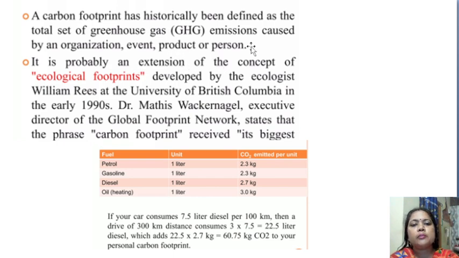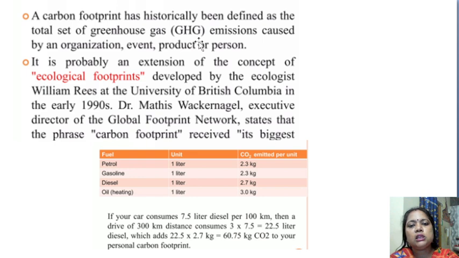Not only carbon dioxide, but all the greenhouse gases. You know what the greenhouse gases are from my previous lecture: carbon dioxide, methane, water vapor, CFCs, ozone. All these are termed greenhouse gases.